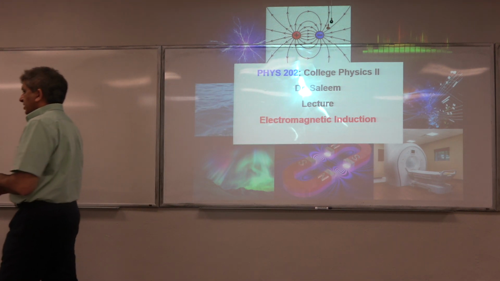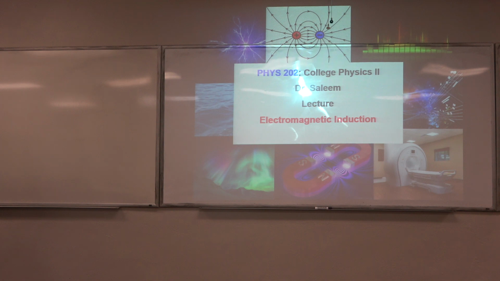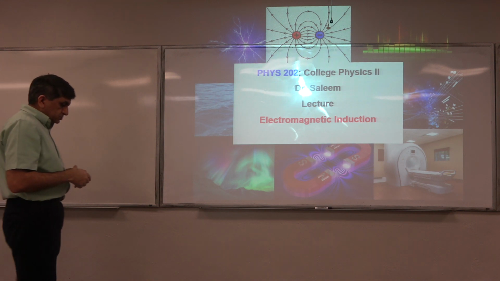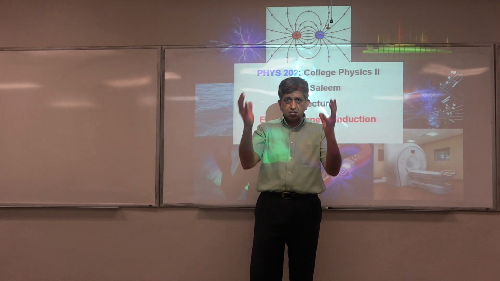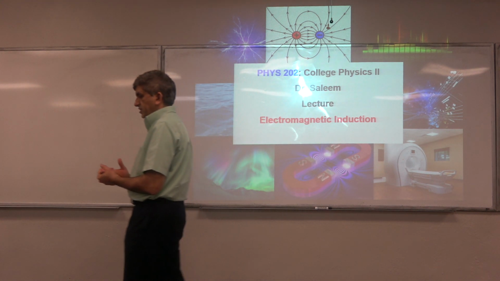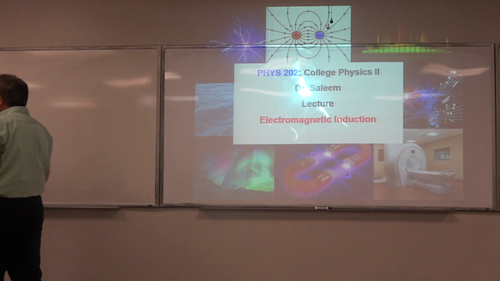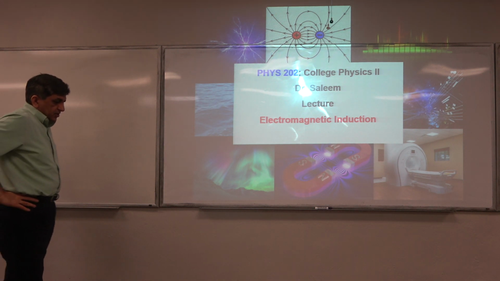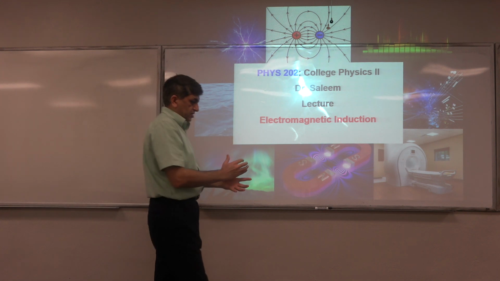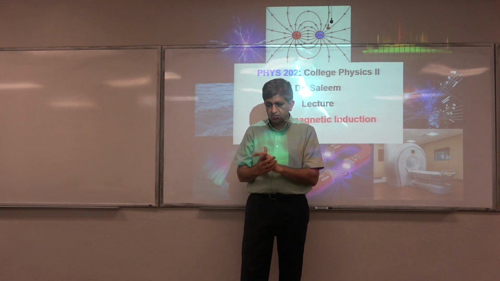Magnets have a magnetic field around them, the region around the magnetic pole. Just like the electric field, the region around the charge is called the electric field.